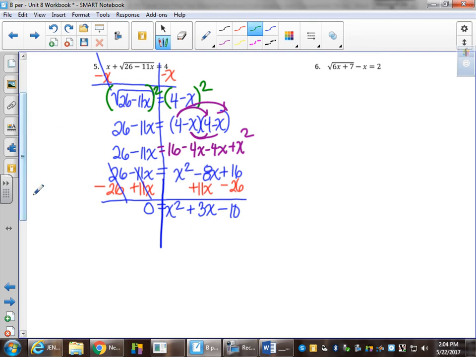So as a reminder, when a equals 1, I'm looking for factors of c that add to b.